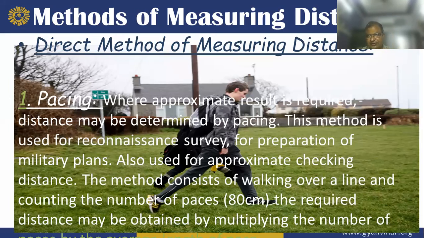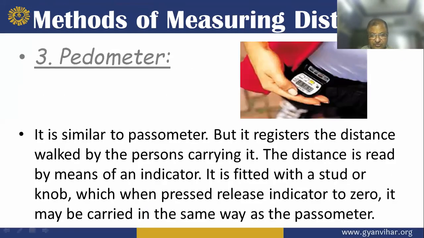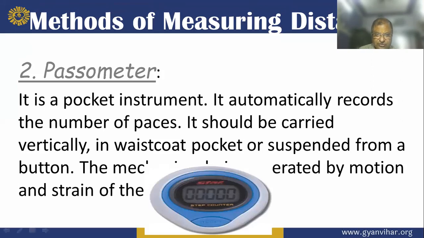Now, direct methods of measurement. The first is pacing, where an approximate result of the measured distance may be determined by pacing, and this method is used for reconnaissance surveys or preparation of a preliminary plan. The method consists of marking the line and counting the number of paces, about 80 centimeters each, and the required distance may be obtained by multiplying, with some error.